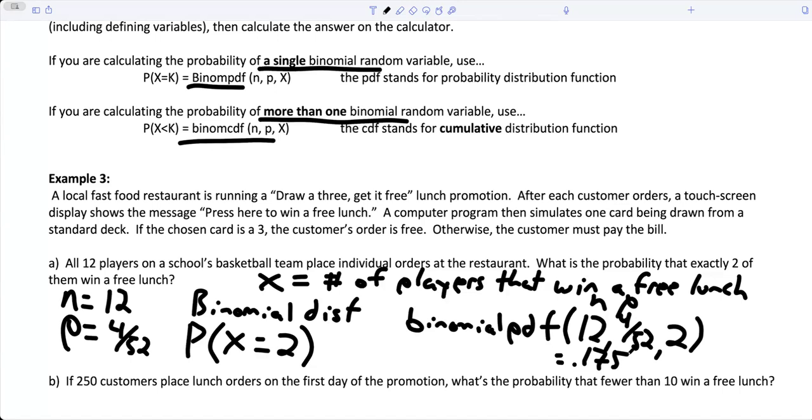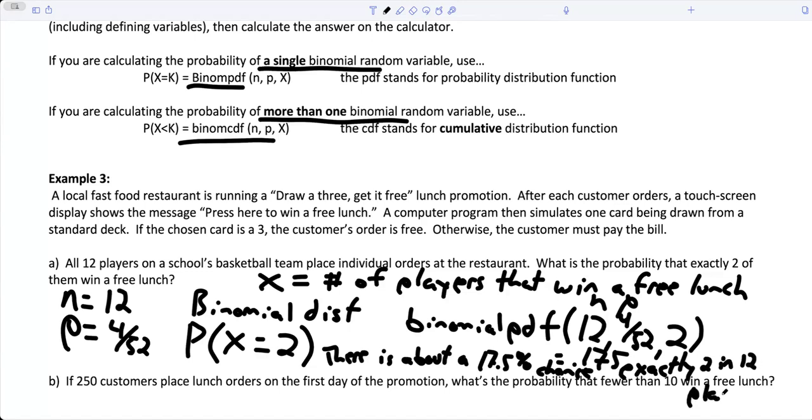So there is about a 17.5% chance exactly 2 in 12 players win a free lunch.